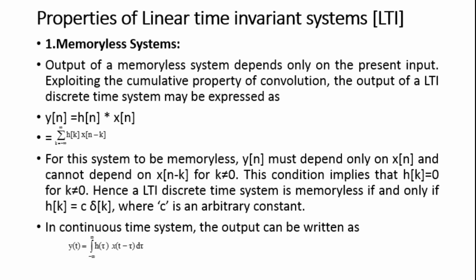For this system to be memoryless, y[n] must depend only on x[n] and cannot depend on x[n − k] for k not equal to 0. This condition implies that h[k] = 0 for k not equal to 0.